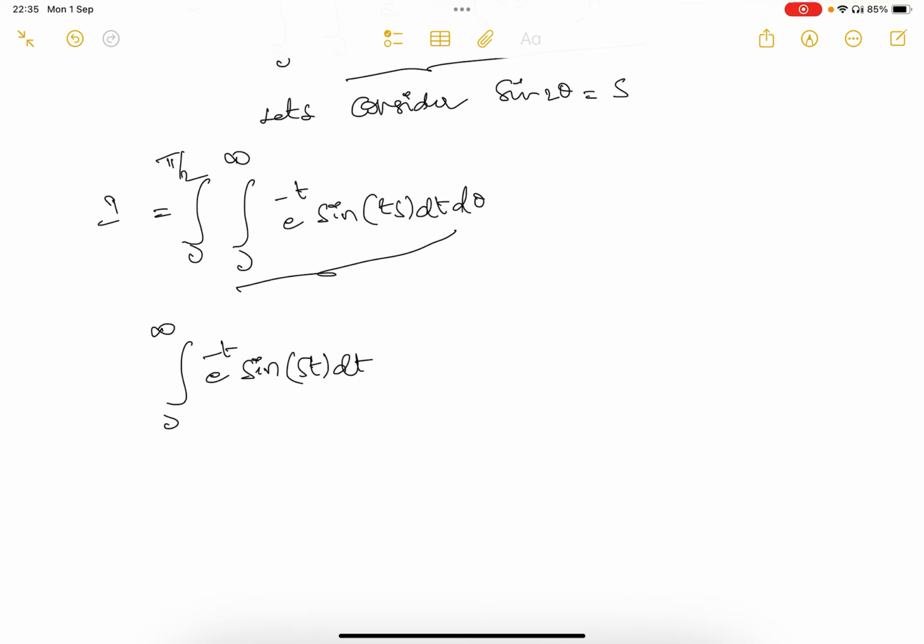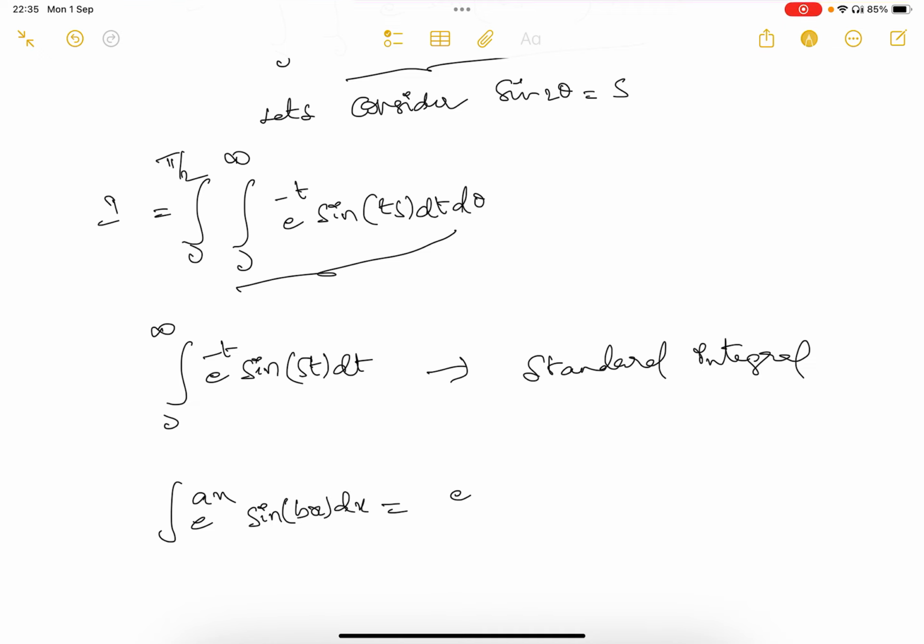Fine. This is in the standard form, right? This is a standard integral: integral e power ax sine bx dx is e power ax by (a square plus b square) into (a sine bx minus b cos bx).